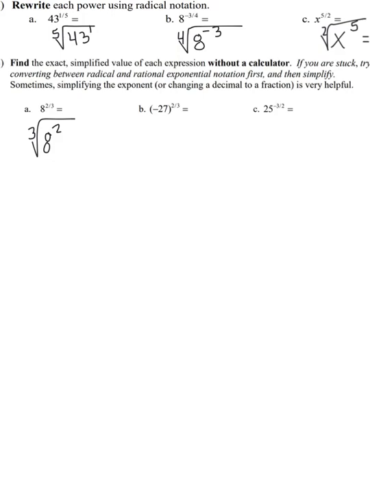Okay, so I'm taking a cube root here of 8 squared, or I know 8 squared is 64. Now they want me to find an exact simplified value. So if I can take the cube root of 64, I want to do that. So I can break down 64. It does say without a calculator, so if you're not sure about the cube root of 64, I would go ahead and break that down here.